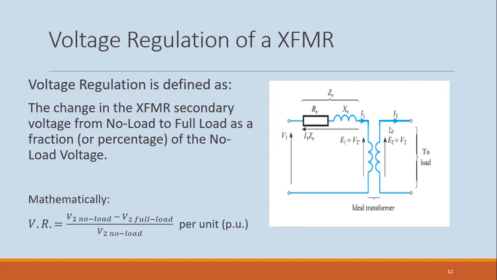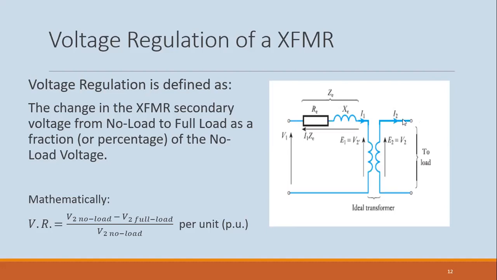Now, when we're thinking about voltage regulation, what we want to see is how much that voltage will change when we compare it from no load to full load. So at no load, we expect a certain value. Let's say 400 volts.